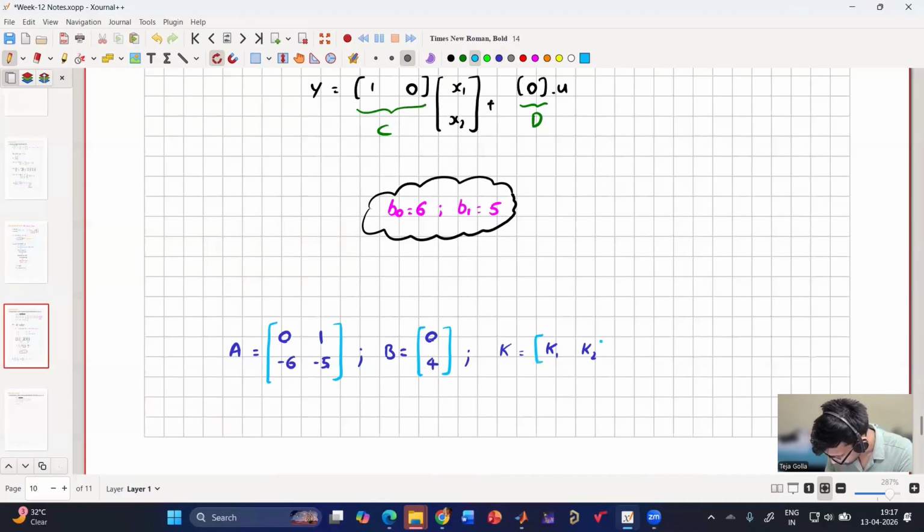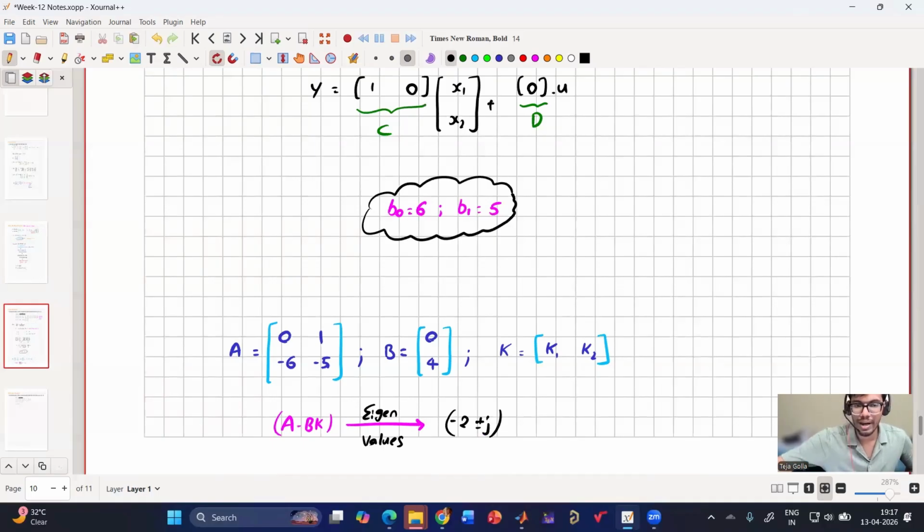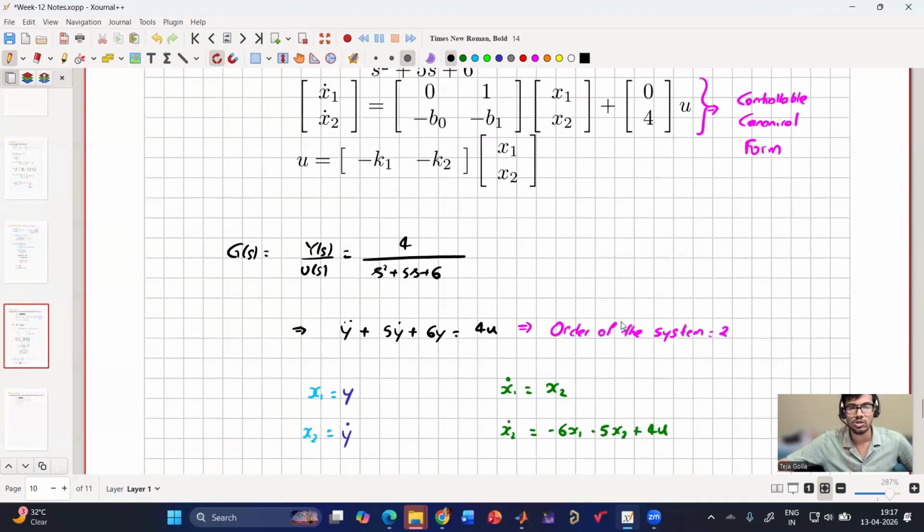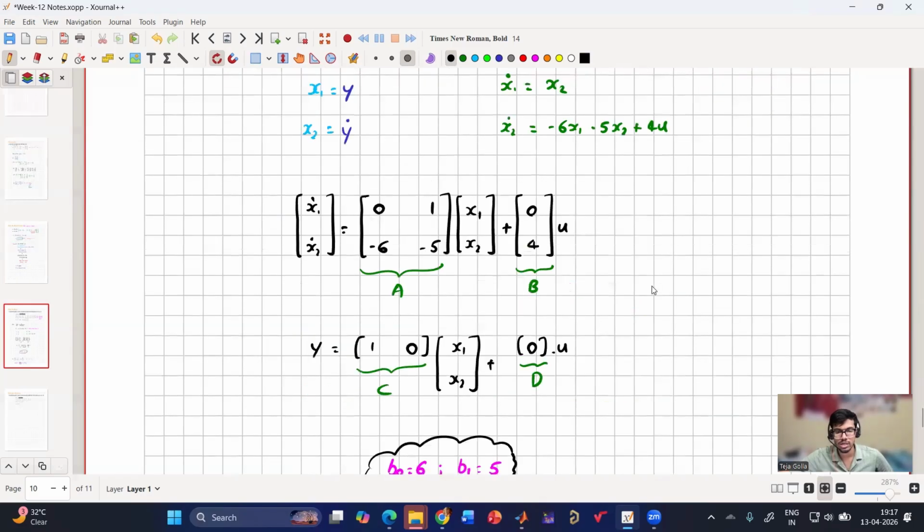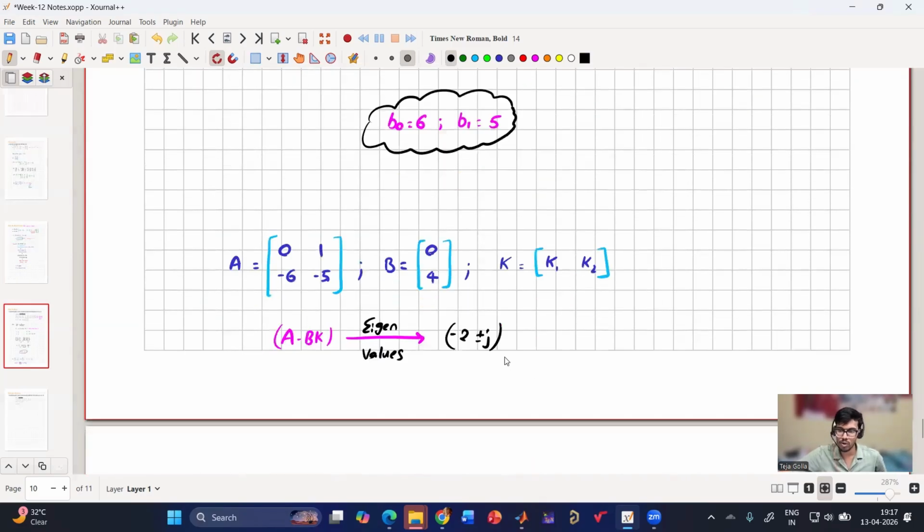Okay. So now we have been given A minus Bk matrices. The eigenvalues are given, which are minus 2 plus or minus j. So from this we can calculate the polynomial, right? Characteristic polynomial, what is desired.